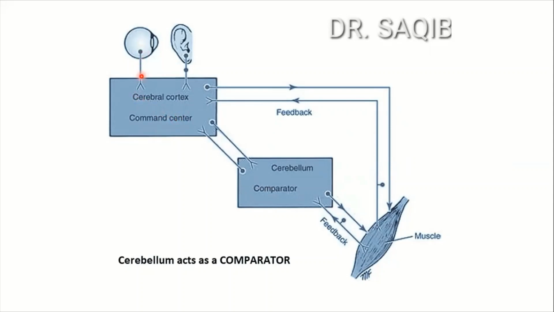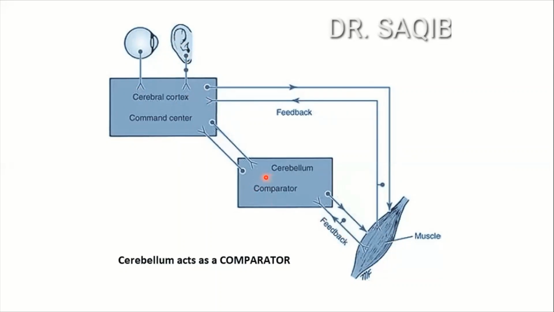It is receiving information from the eye, visual, and the ear, auditory information. Then the cerebral cortex sends a signal to the muscle for contraction. Here it is contracted. Then the feedback goes from the muscle directly to the cerebral cortex.